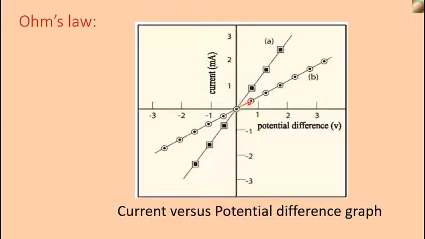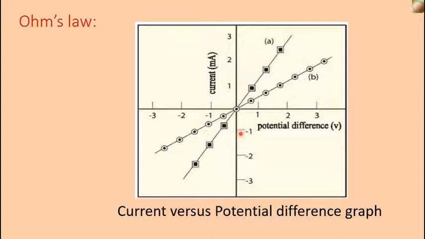In the positive x-axis, positive potential difference, and in the negative x-axis, negative potential, that is 1, 2, 3, and -1, -2, -3. Similarly, in the positive y direction, the positive current 1 milliampere, 2 milliampere, and 3 milliampere, and in the negative y direction -1 milliampere, -2, and -3.